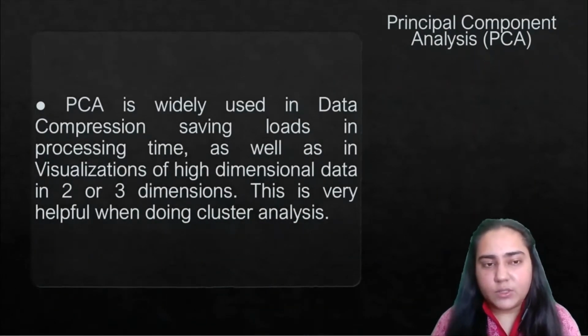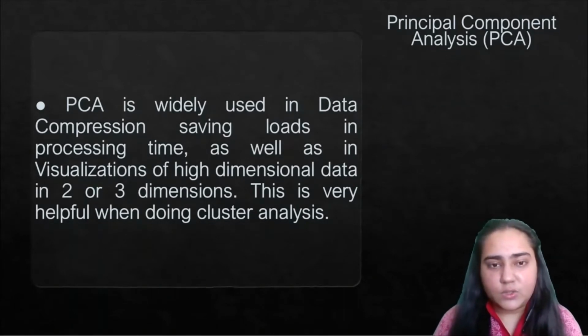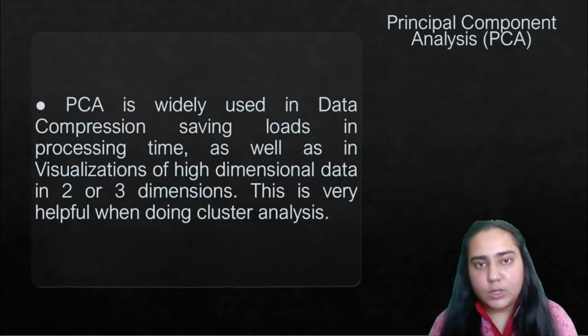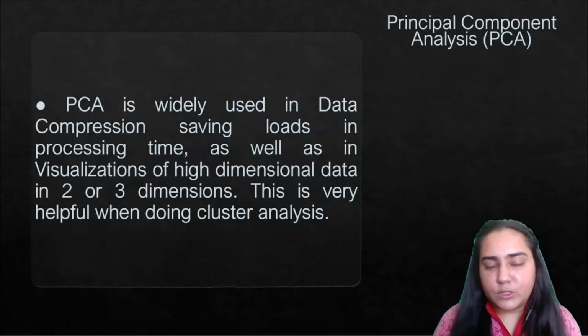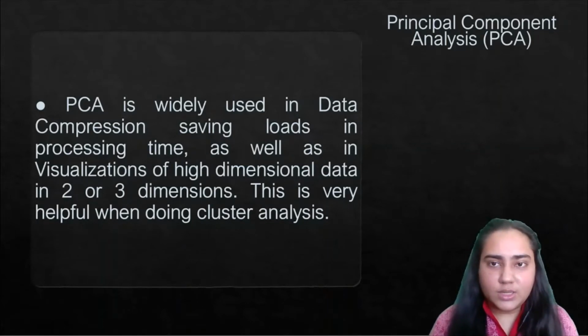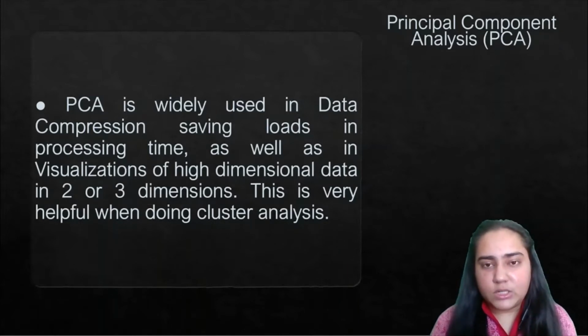PCA is widely used in data compression, saving loads in processing time, as well as in visualizations of high-dimensional data in 2 or 3 dimensions. This is very helpful when you are doing cluster analysis. PCA is mainly used for data compression because if you reduce the dimensions in your data set, you are indeed compressing your data set as well. But it can also be used in data visualization because if you have 10-dimensional data, you cannot really plot that onto anything, since we can only perceive 2 or 3 dimensions.